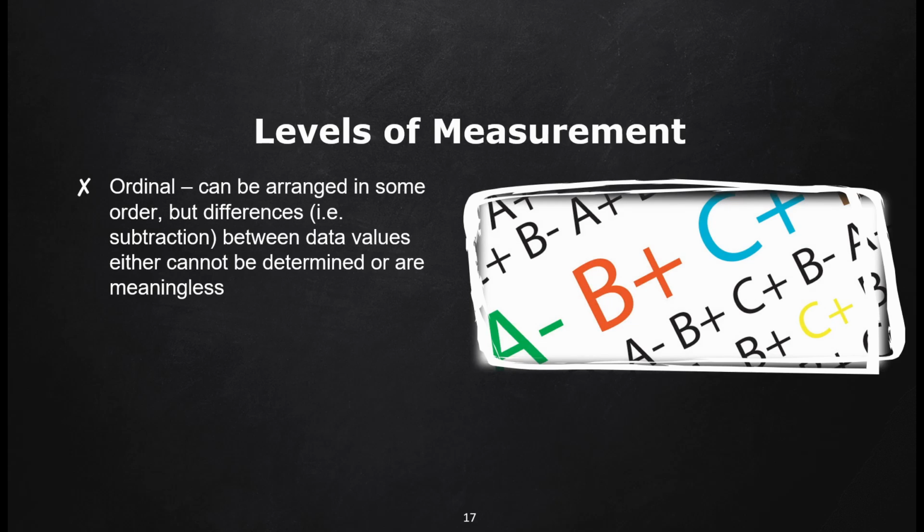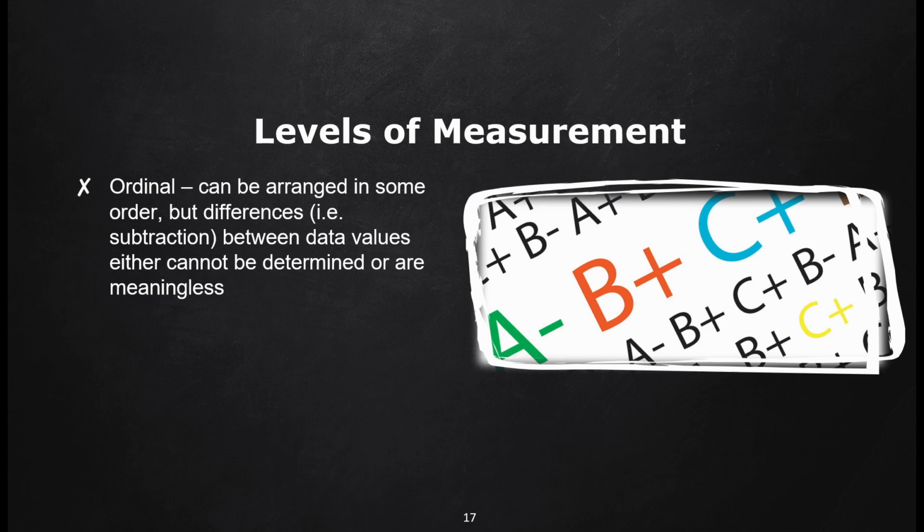But the differences between the data values, in other words, subtracting them, is either not possible or doesn't tell us anything useful. In the example here I have are letter grades. So obviously an A is better than a B, and a B is better than a C, better than a D, better than an F, right?